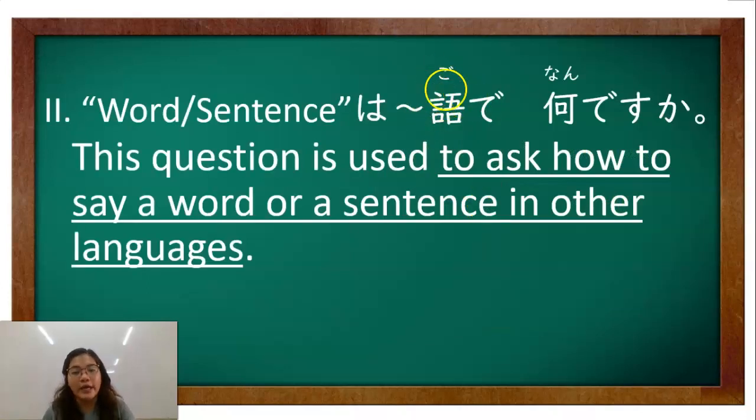When you put go into countries' names, that means that is their language. For example, Philippine, okay? When you put this go here, that means you are speaking Filipino. This kanji here is read as go, so go means language of that country.